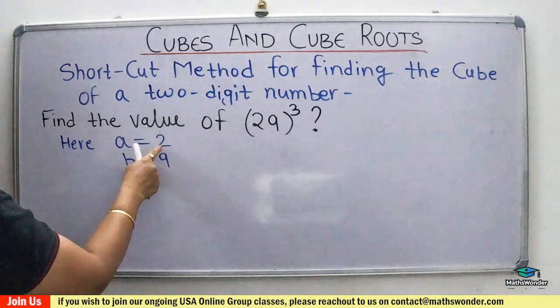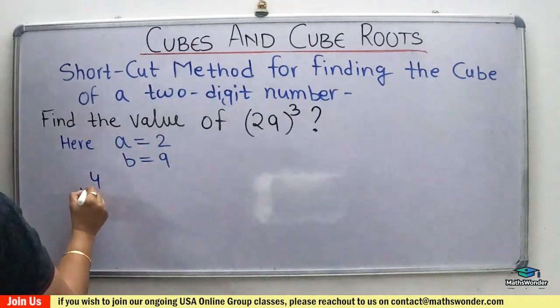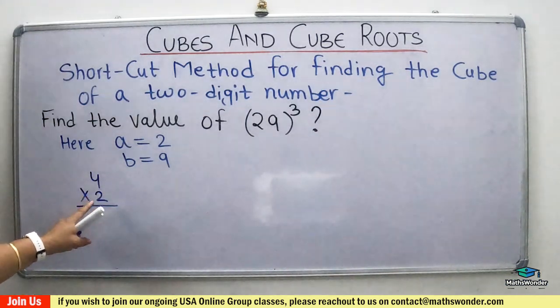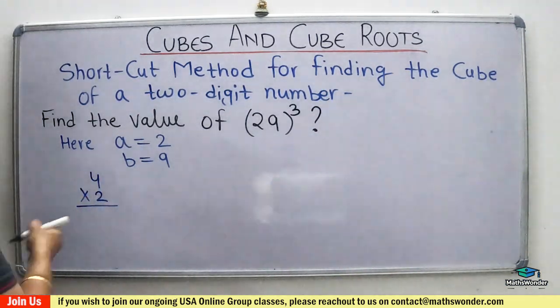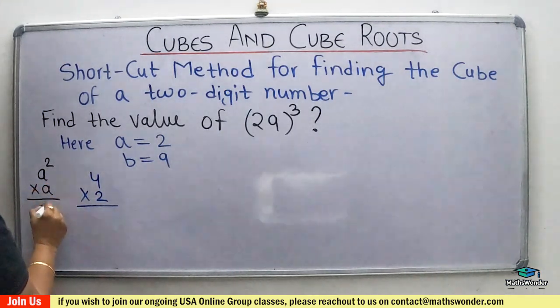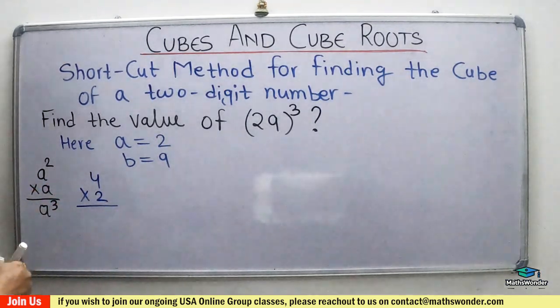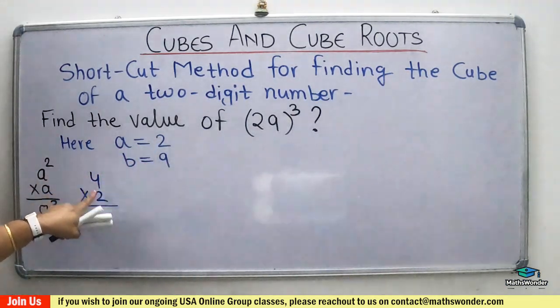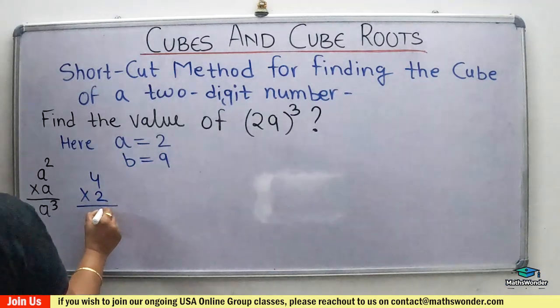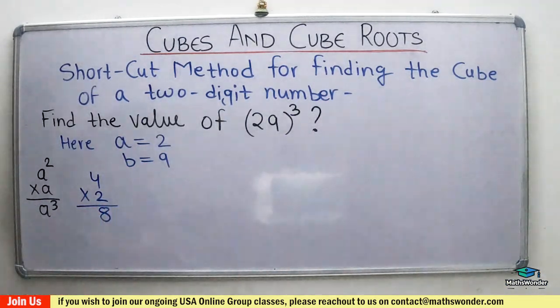So a square will be 4, 4 times a. a square times a will be a cube, so you do the same thing here. a square is 2 square, which is 4. 4 times a is 8. Any confusion here?